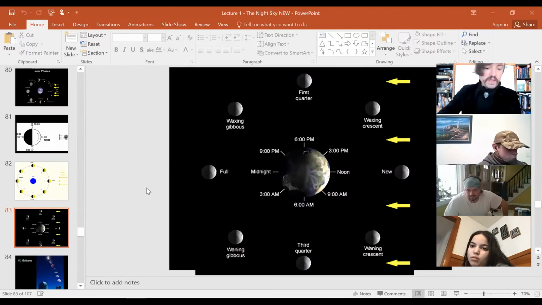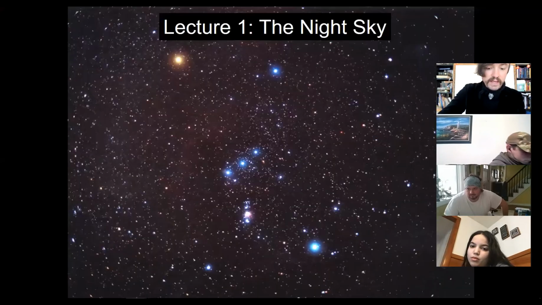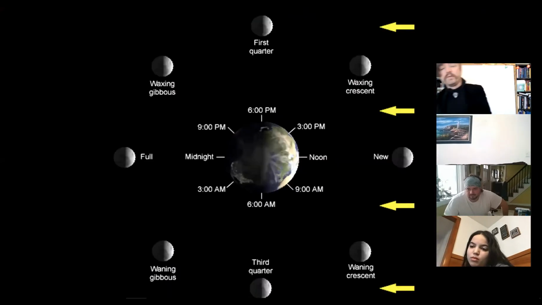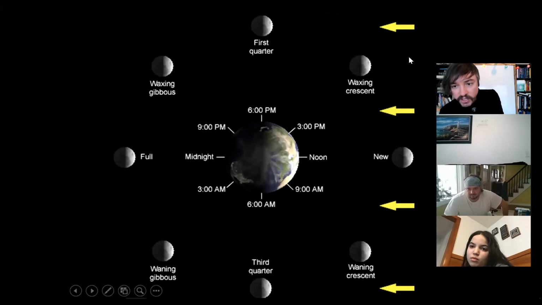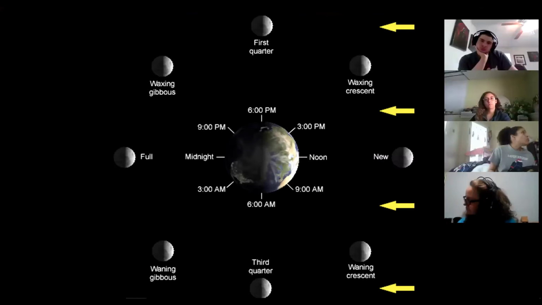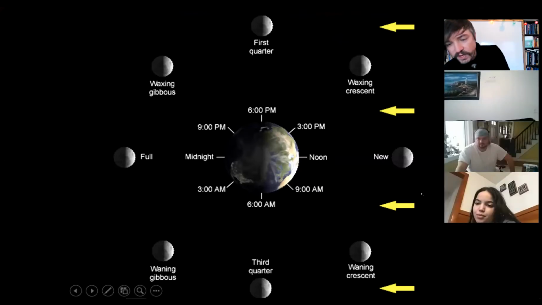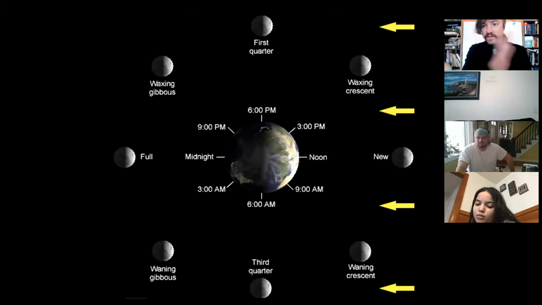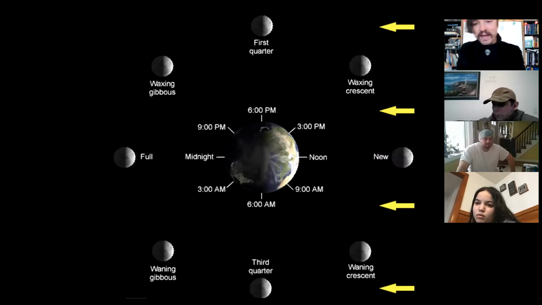Okay, so this is very similar, slide 83, to the picture that we all made in our notebooks last time, showing you the various configurations the moon makes with the Earth and the sun to create the phases of the moon. Remember that in this diagram, the sun is over to the right-hand side, okay? Or sorry, it's my right, and so hopefully it's your right too.